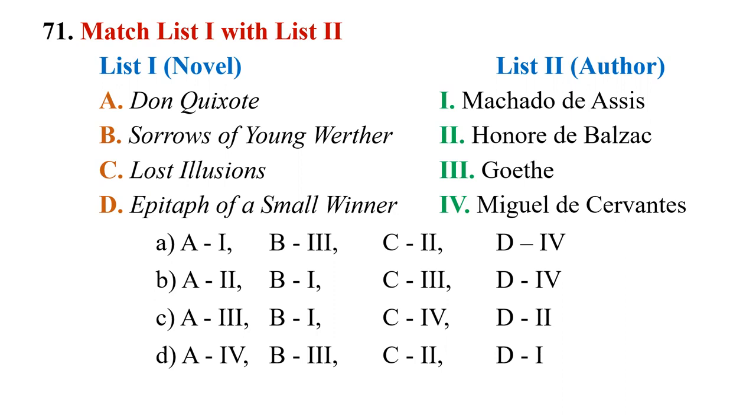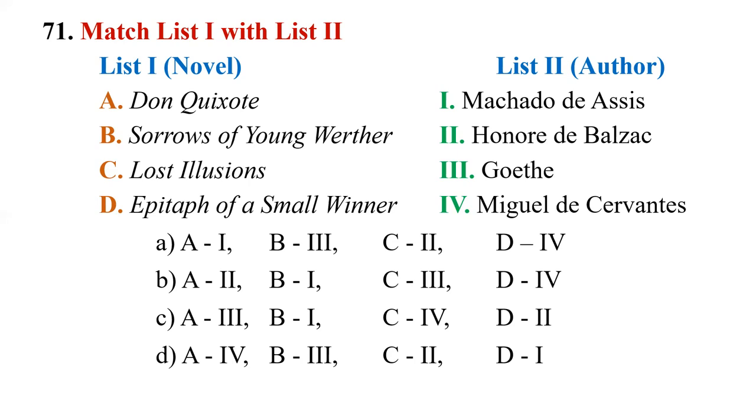So before we go to the options, sometimes it's easy if you know at least one solid work, you can eliminate options. In this case, when we read about novels, we know Don Quixote, or Don Quichotte, how it is pronounced in French. Don Quixote is written by the Spanish novelist Miguel de Cervantes.